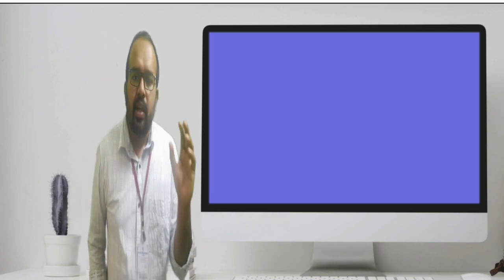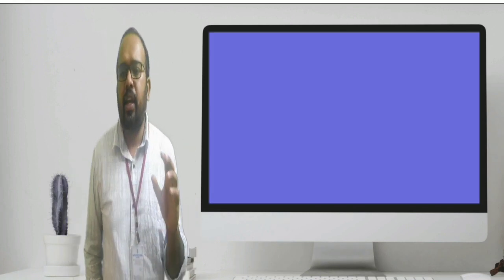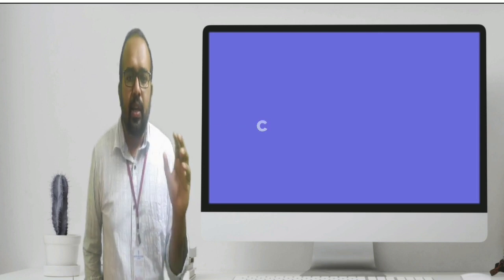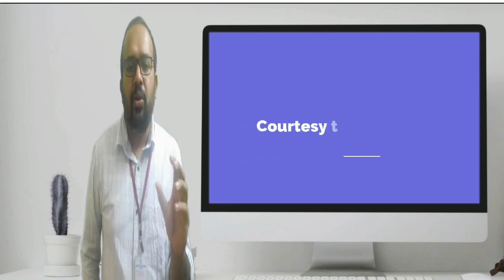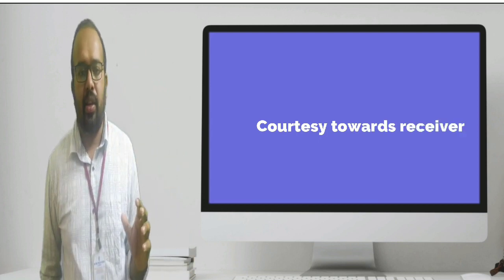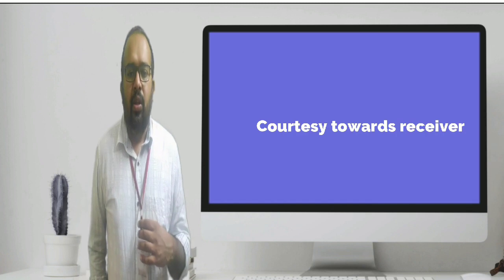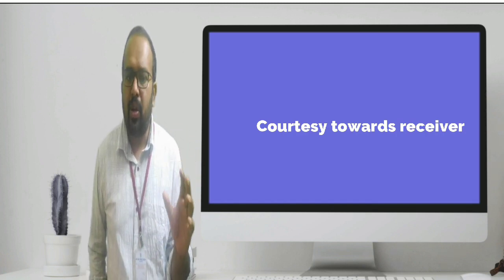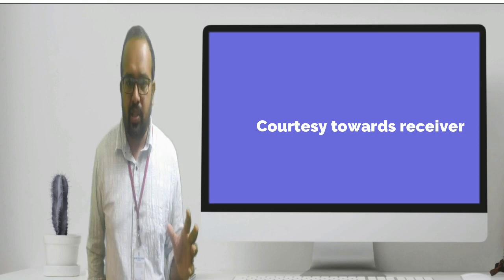Next is courtesy towards the receiver. In addition to considering the feelings and points of view of the target group, it is also important to approach the audience in a friendly and courteous manner. Use of terms that show respect for the receiver contributes towards effective communication.